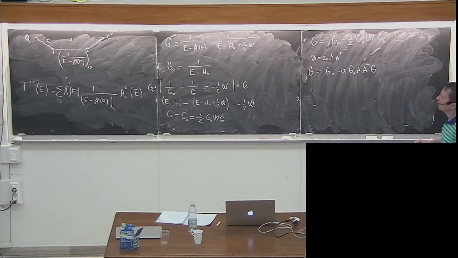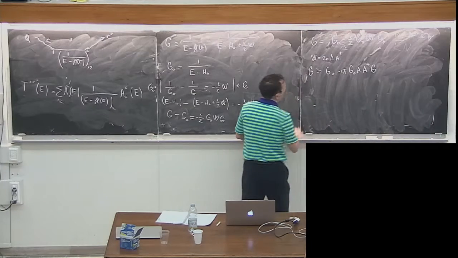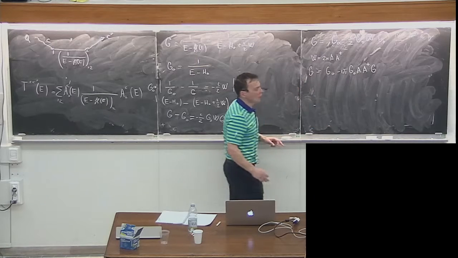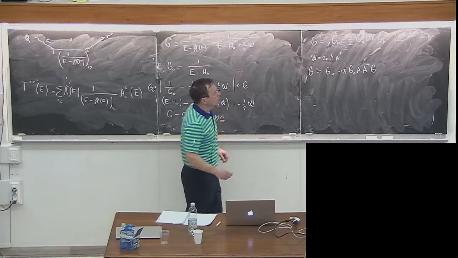Okay, so this is my equation, and having this factorized form means that I can actually iterate it.